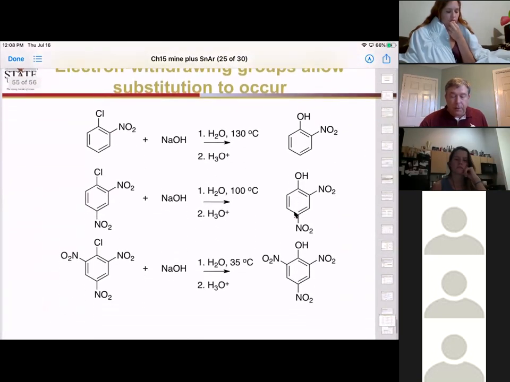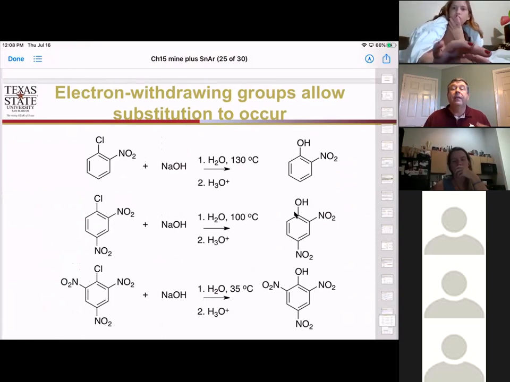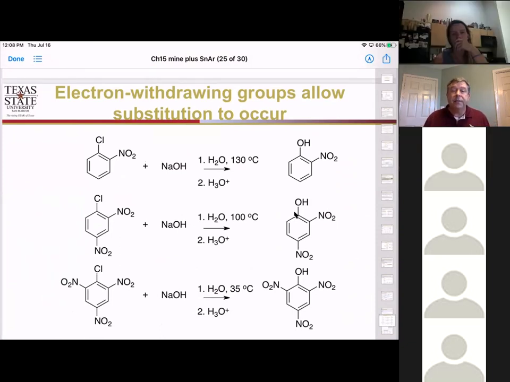Okay, so in the nucleophilic aromatic substitution, the more electron withdrawing groups you have, the faster the reaction goes, okay? And it goes faster because we're again looking at it in the opposite direction. In the electrophilic attack up to now, we needed all that electron density.